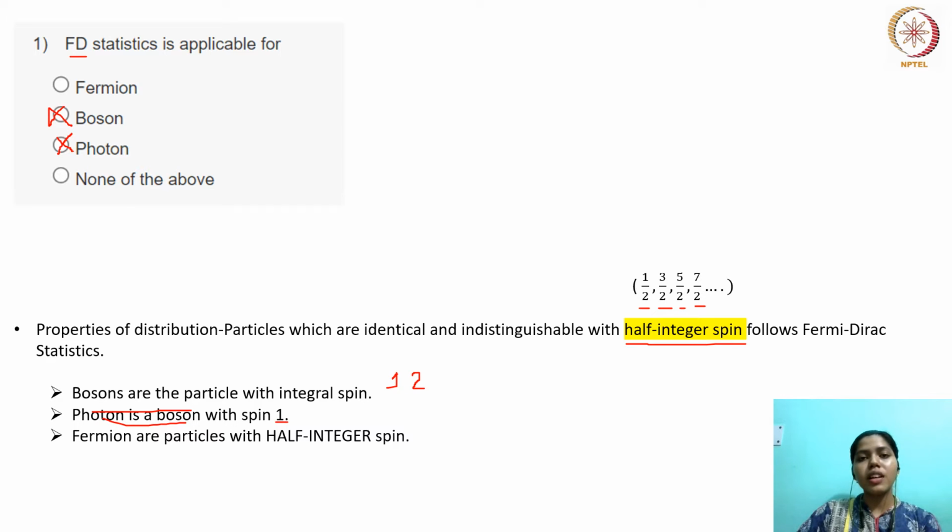So fermions are actually the particles which have half integer spin. That means the fermions have the spin value equal to 1 by 2, and this is the case which we actually want. So fermions are the particles which follow the Fermi-Dirac statistics. So for this question, your first option will be the correct answer.